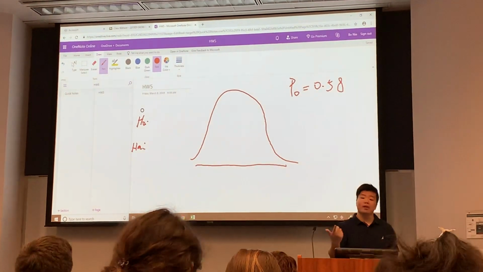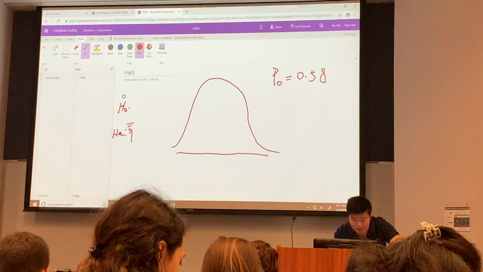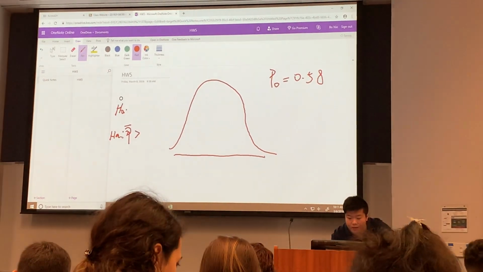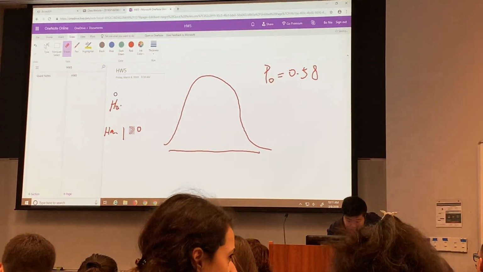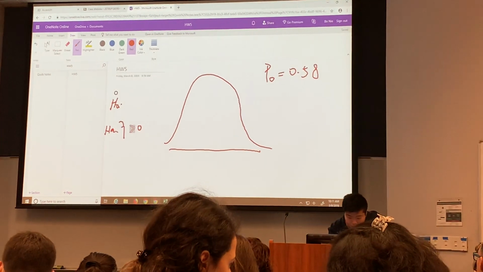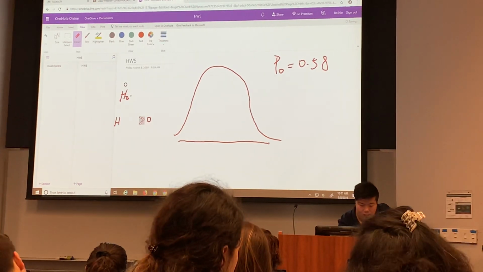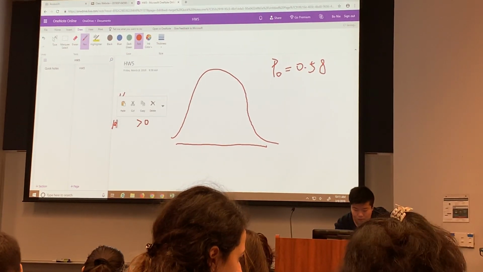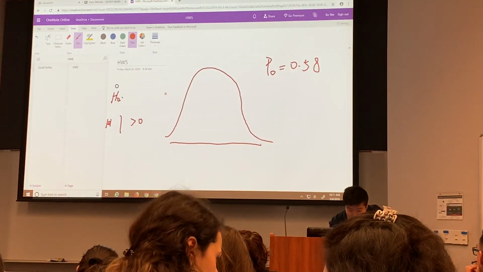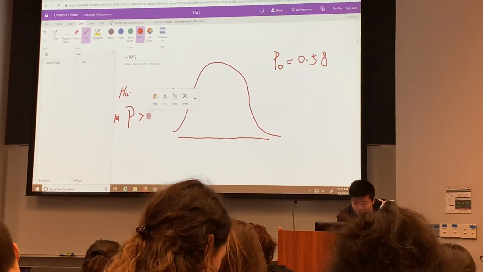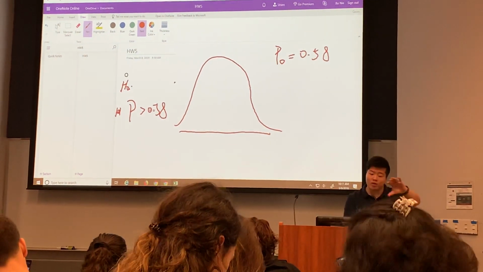So if I have greater than, that is for HA. So HA: P is greater than 0.58.